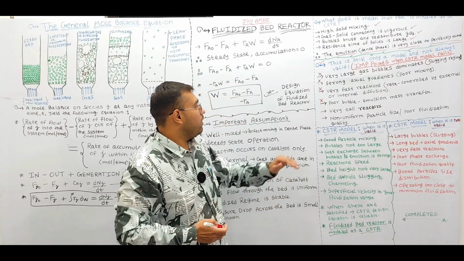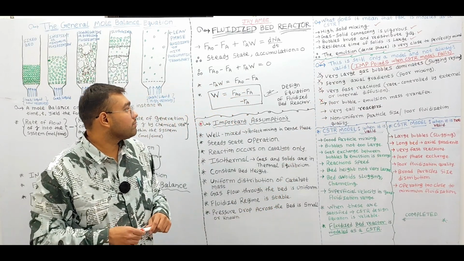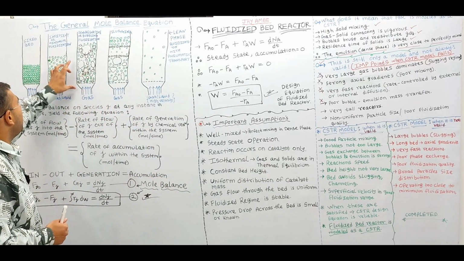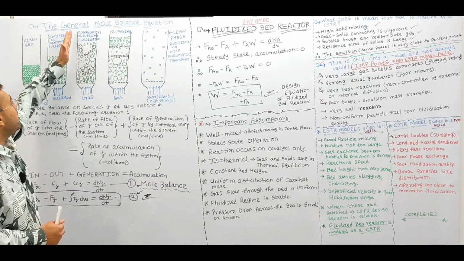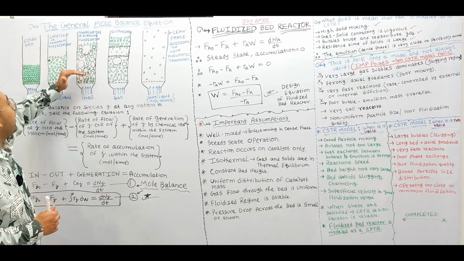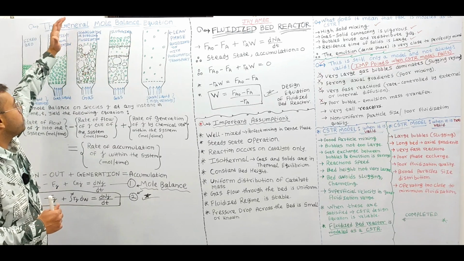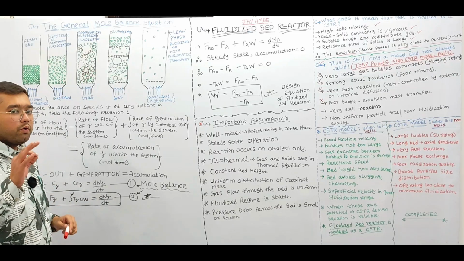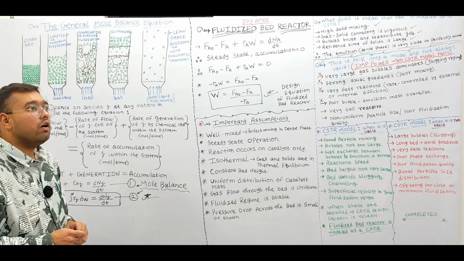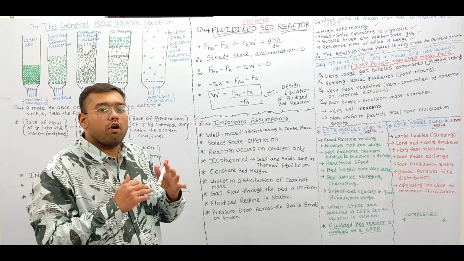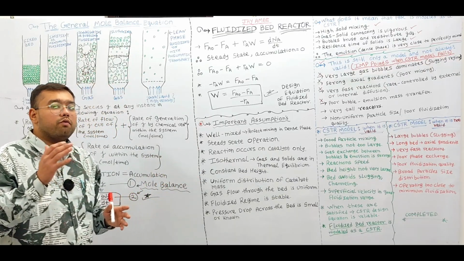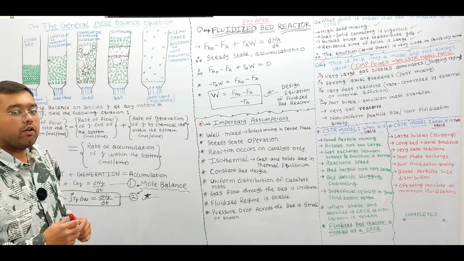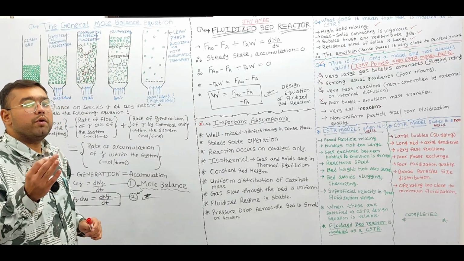Now the fifth point is very tall reactors. What if the length of the reactor is very tall, very high, and the bed of the catalyst is very large? Now what will happen? During those conditions we'll have a certain distribution of behavior in the fluidized bed reactor. The solid will behave as a continuously stirred reactor and the gaseous phase will behave as a PFR.